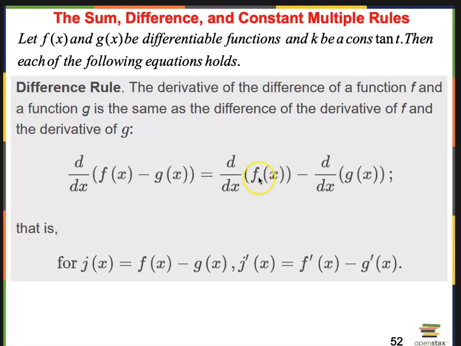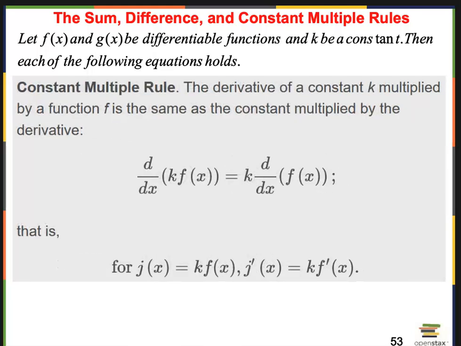We can take the derivative of f of x minus the derivative of g of x, and we come up with our new function. We have j of x equals f of x minus g of x, so j prime of x would equal f prime of x minus g prime of x.